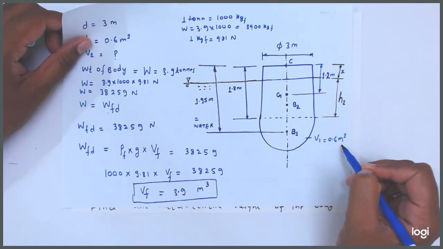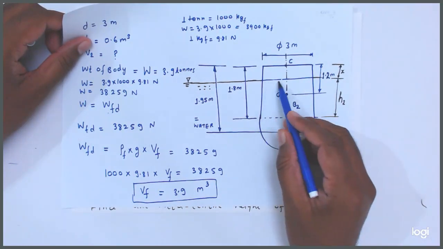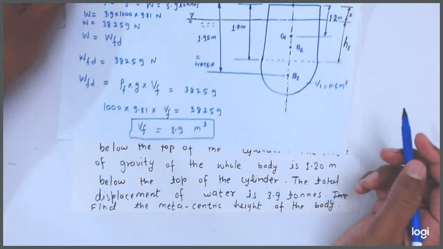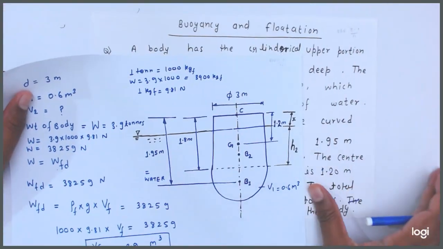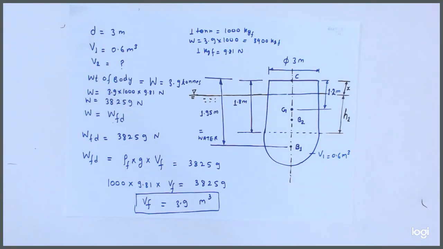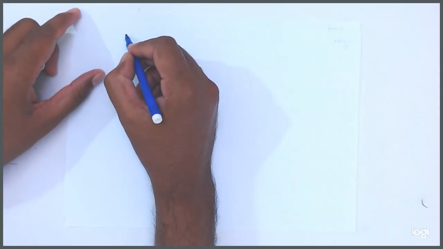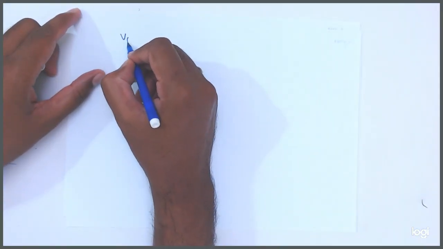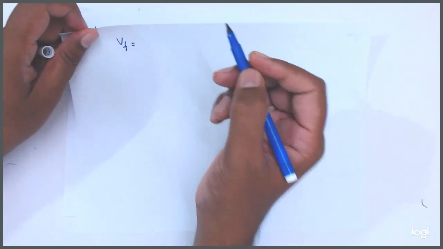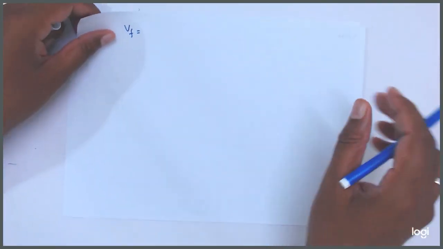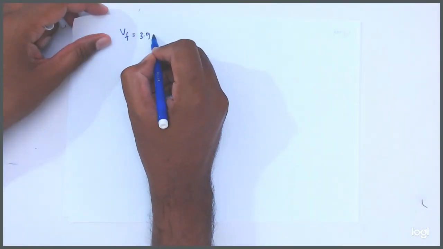So Vf1 has given, we have to find the volume of this part. So friends, what is the volume of other part? Total volume, we know that total volume Vf is equal to how much it has come? Vf is equal to 3.9 meter cube.